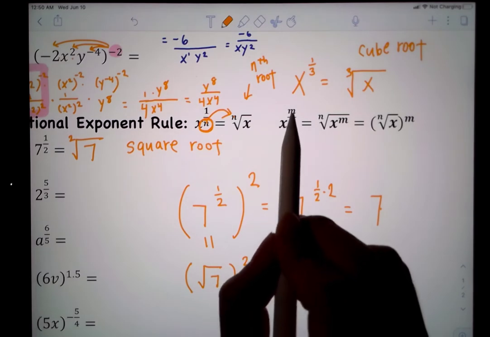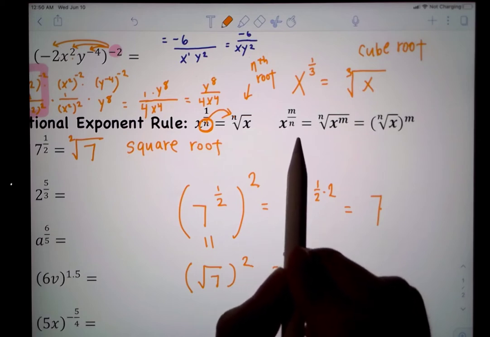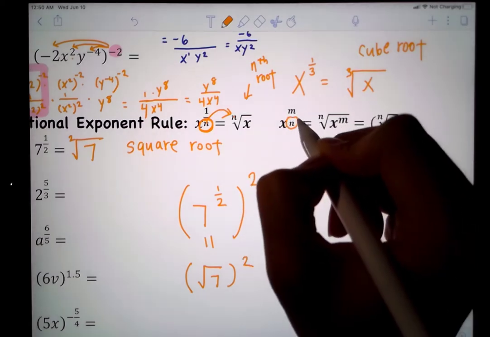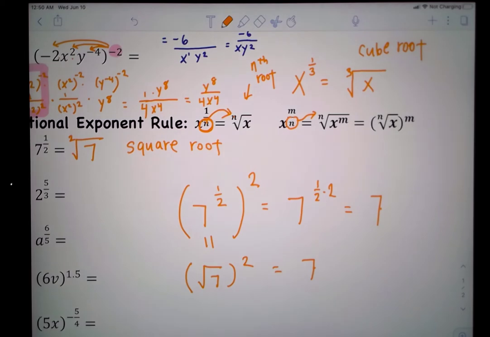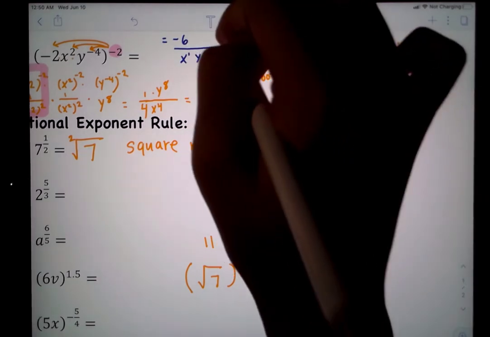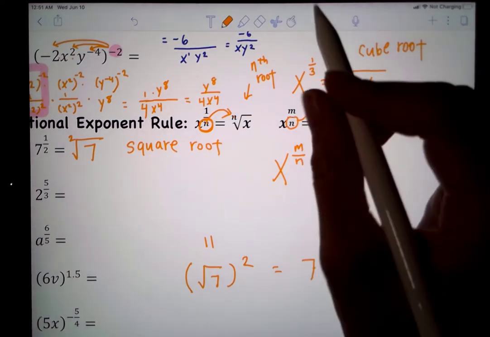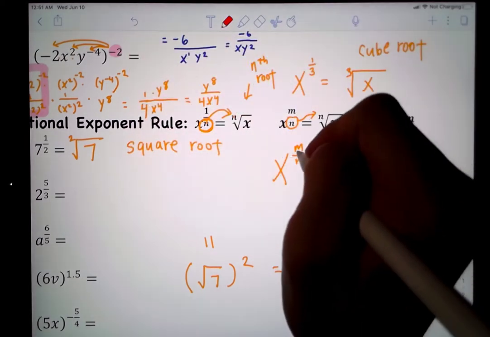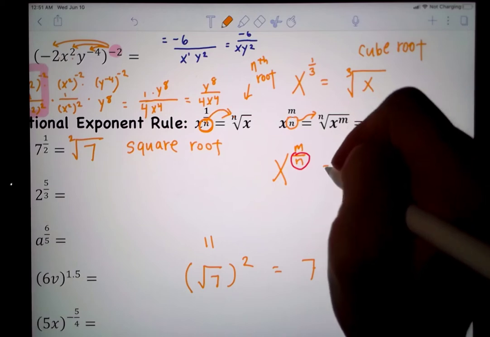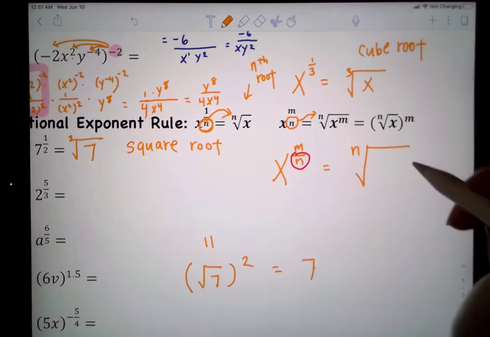So look at this one, guys. x to the m over n power. So your exponent is a fraction like that. Then we just focus on the denominator. Your denominator goes to the index number. So here, x to the m over n power, your denominator goes to the index number like this, n-th root, and then you just keep the leftover, x to the m.